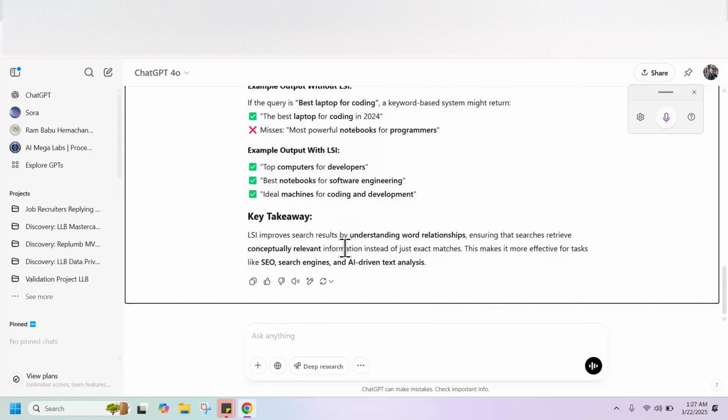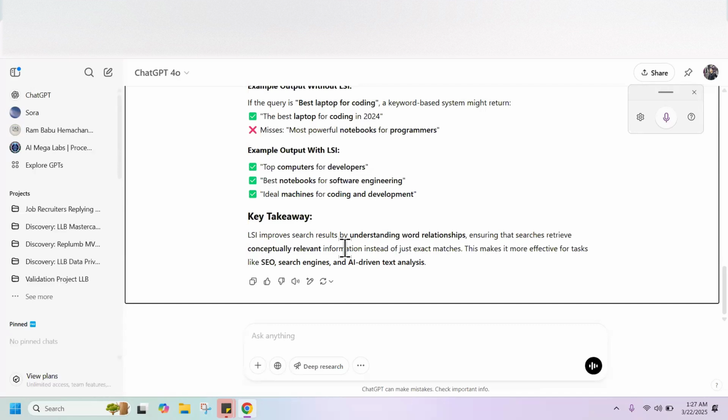LSI would help you identify that those two phrases mean something very similar within the context of that particular scenario. You would have to give it more scenario context, obviously. Ultimately, the meaning should be the same.